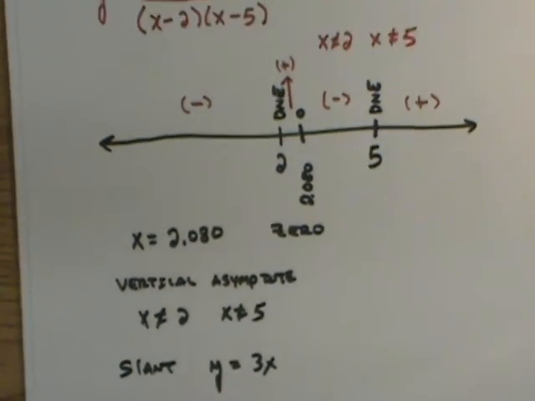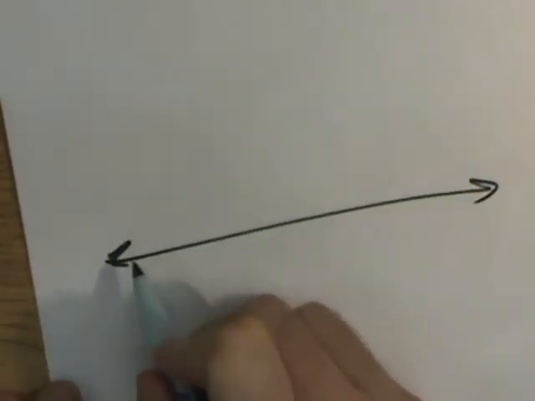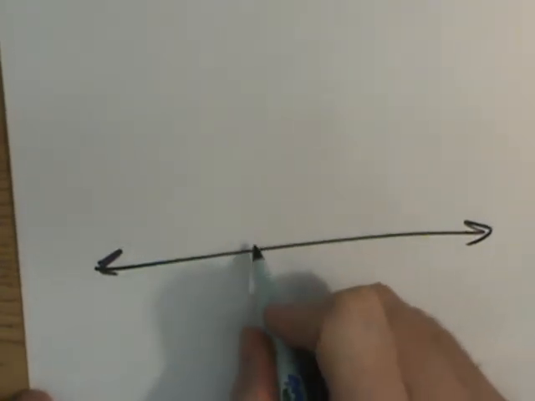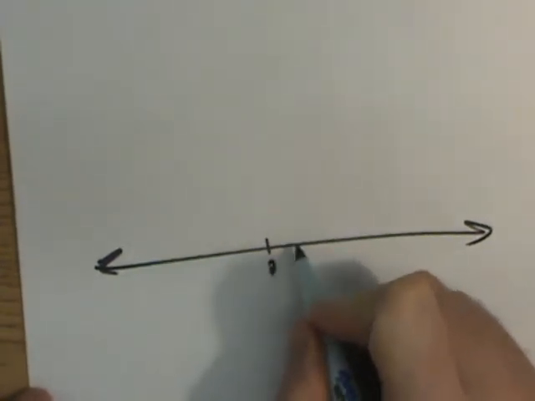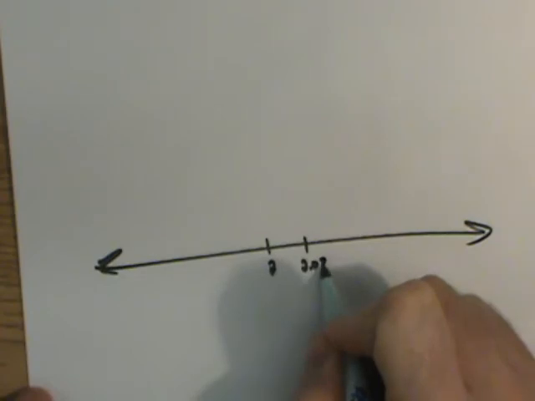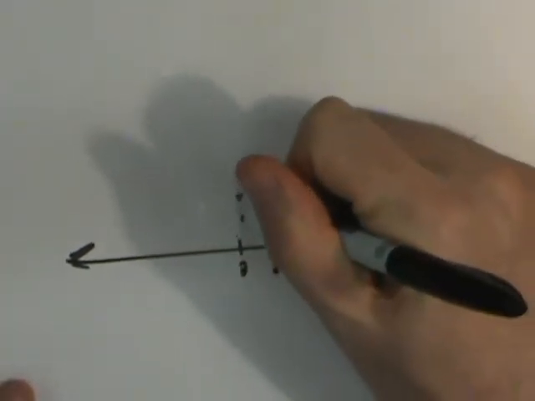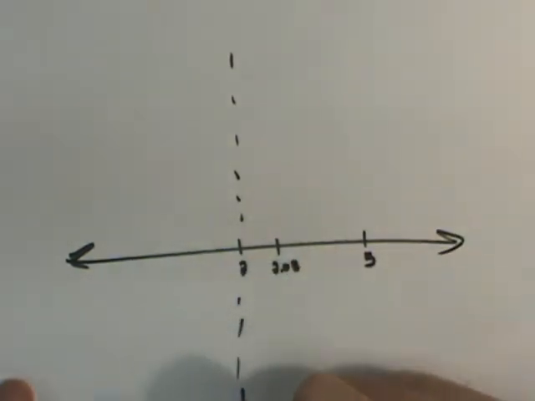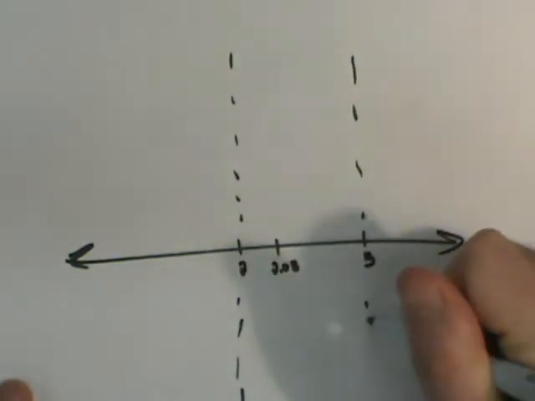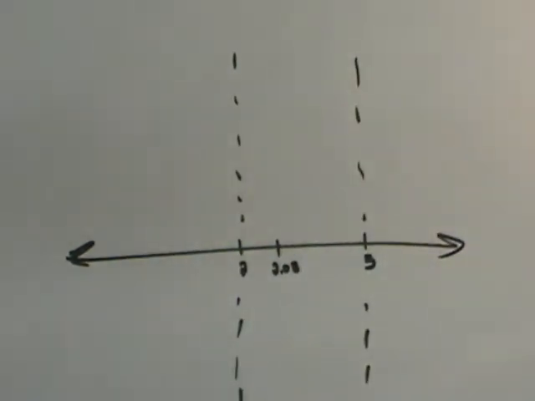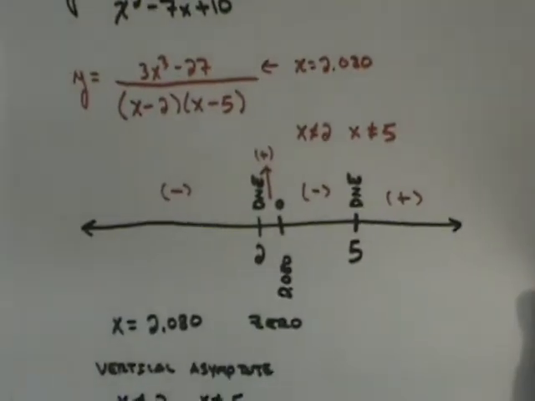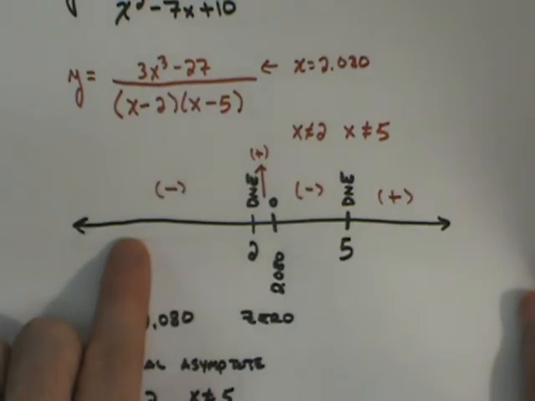Now, as I try to graph this, 2 is a DNE, so it's an asymptote. 5 is a DNE. And then I'm just going to follow what this paper is telling me to do. It tells me I'm beneath the x-axis.